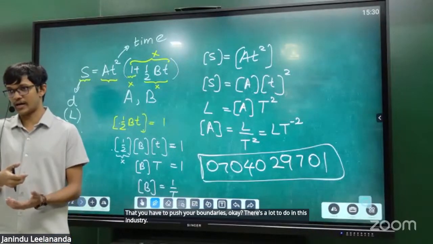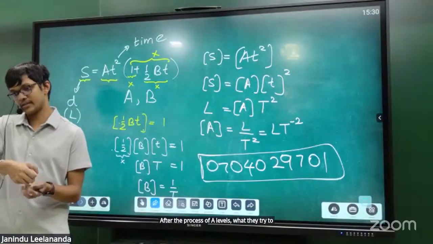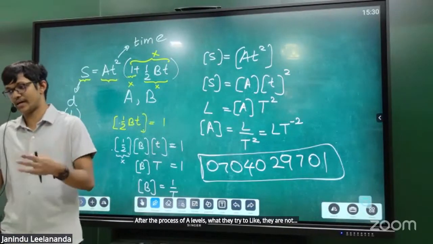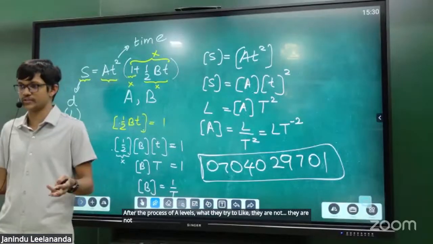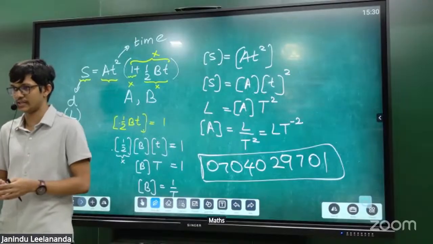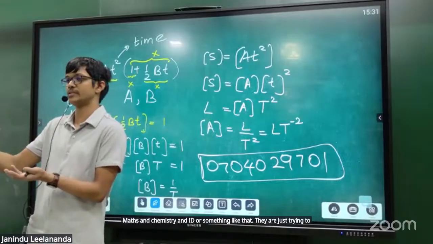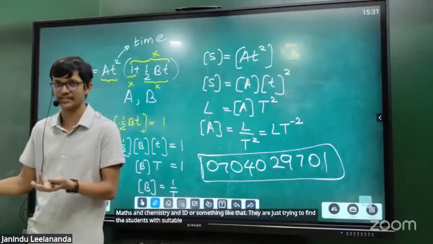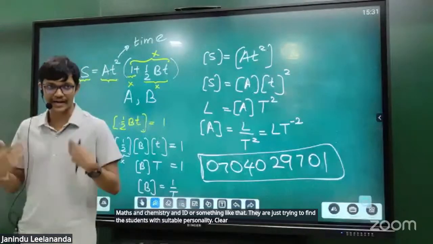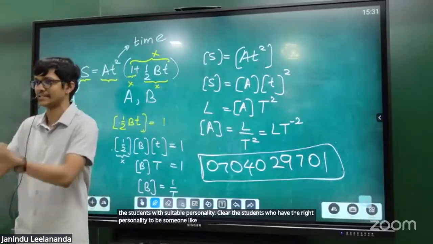So after the process of A levels, they are not looking for students who are just capable of doing physics, maths, and chemistry and IT or something like that. They are just trying to find the students with suitable personality. Clear? The students who have the right personality to be someone like an engineer, doctor, or scientist.